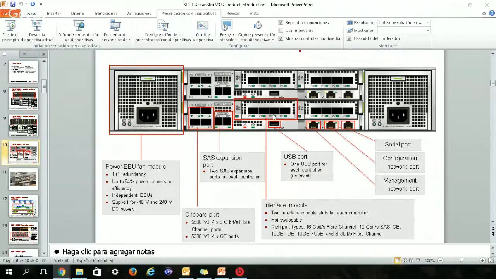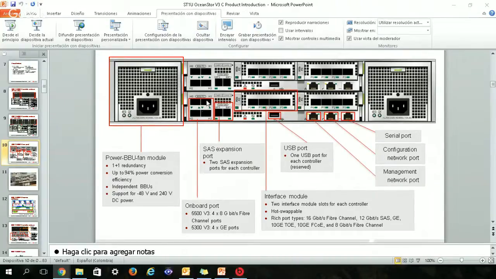Right, so this is the interface module to connect the servers, and we have the onboard ports that we can use to connect the servers as well. The difference between these two is the flavor.